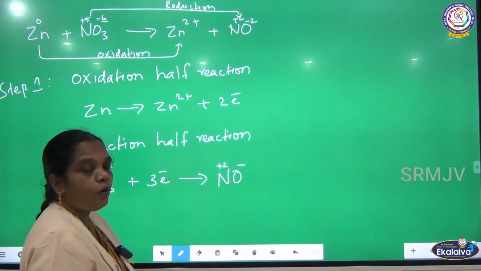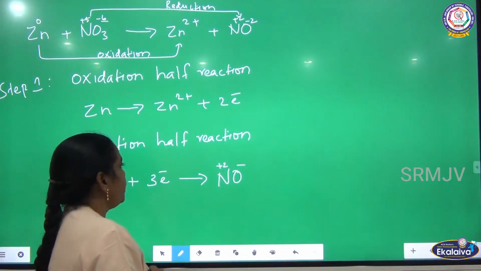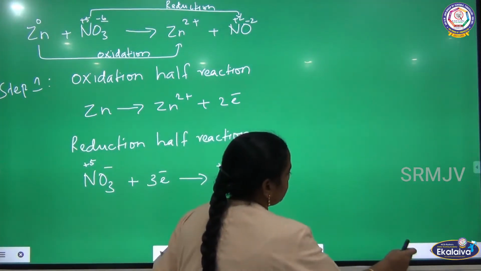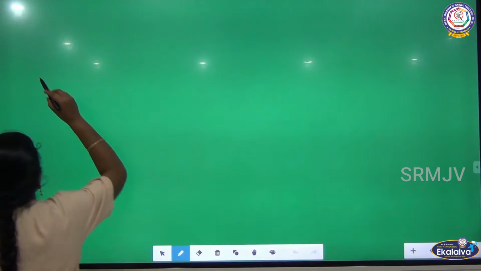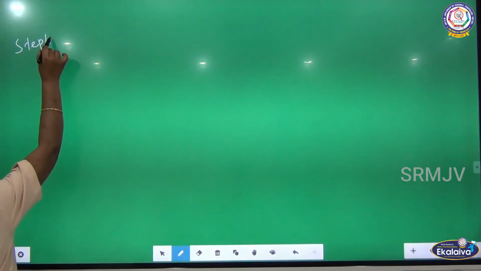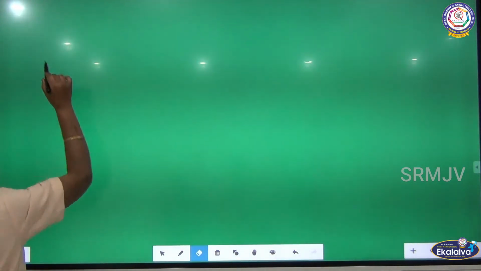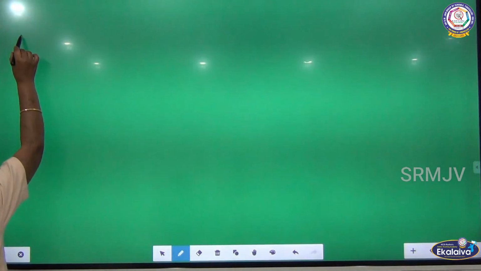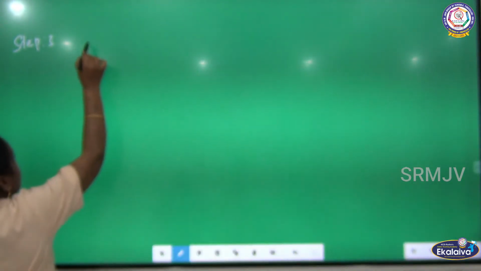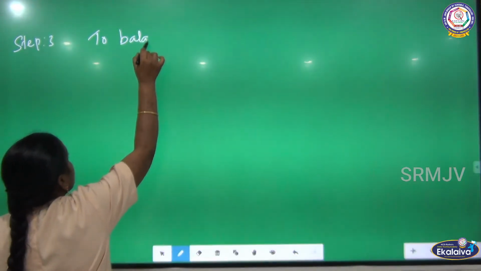Now next step, you want to find the number of electrons involved in that reaction. Step 3, to balance the electrons.